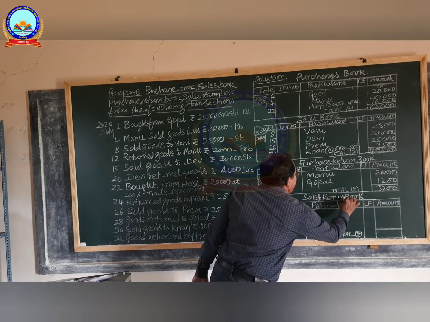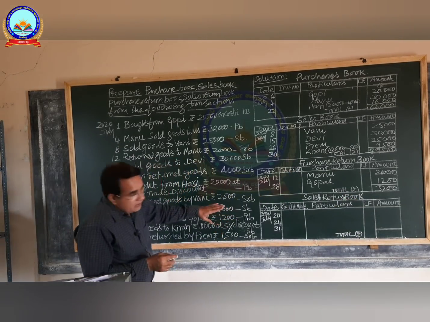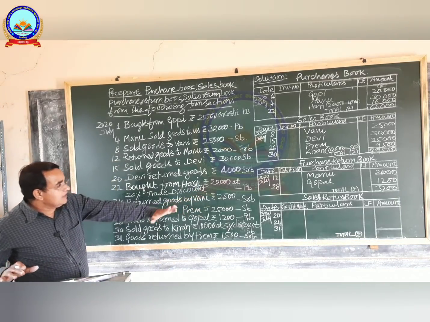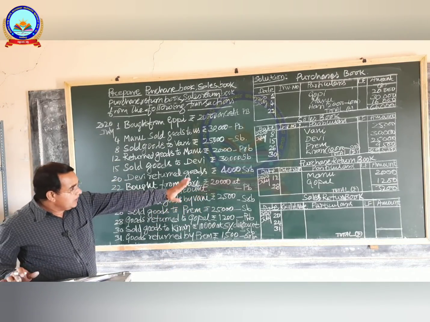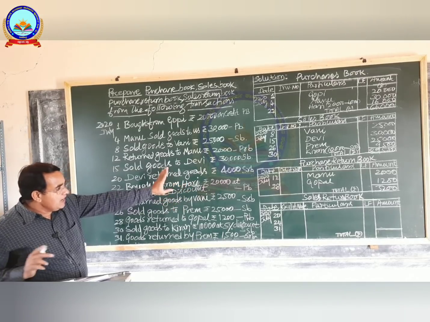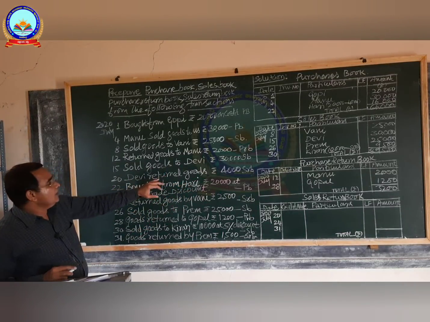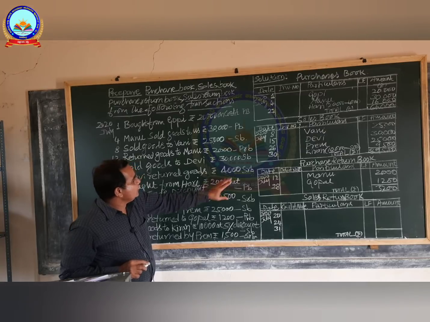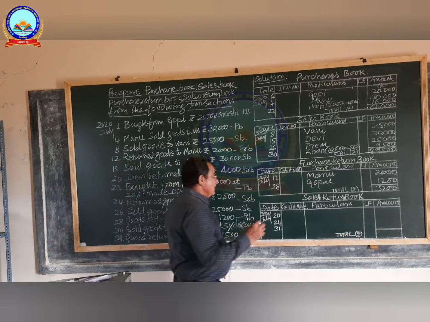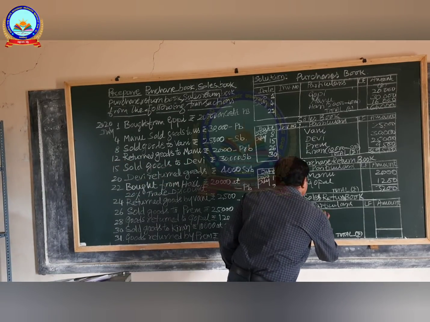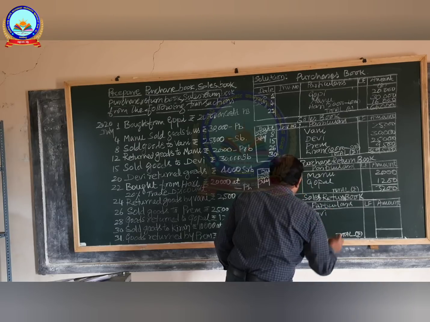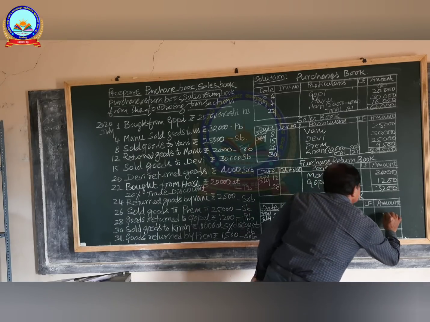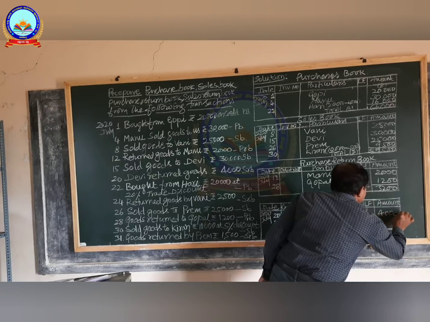Next, the last book is the sales return book. Here we have already marked against each transaction in which book it should be entered. On 20th, Devi returned goods amounting to rupees 4,000. Write the name of the customer Devi and the amount rupees 4,000.